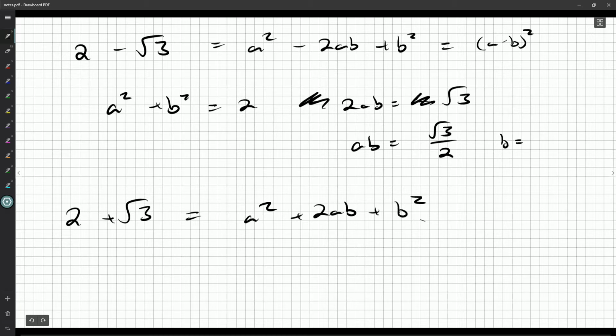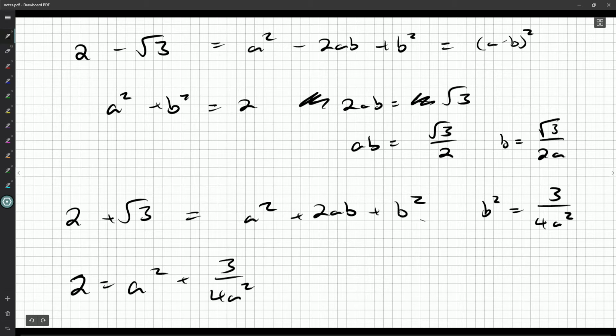I suppose we can let b be root 3 over 2a. And so b squared would be 3 over 4a squared. And so 2 is a squared plus 3 over 4a squared. So multiply by 4a squared on both sides. You'll get 8a squared is 4a to the 4 plus 3. Quadratic formula.